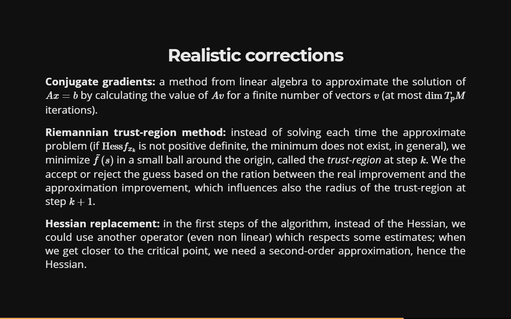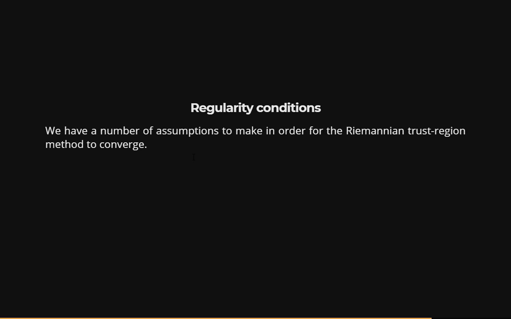Okay. As in the gradient descent, we have a number of assumptions to make in order for the Riemannian trust region method applied to the Newton algorithm to converge. Obviously, we need to know that our function is bounded from below, and there are some assumptions which are the same as for the Riemannian gradient descent.